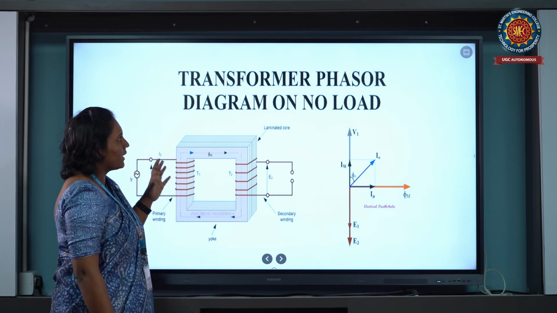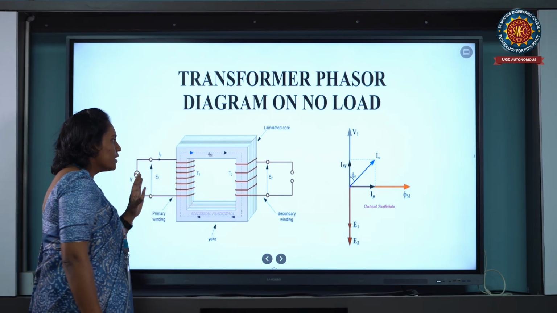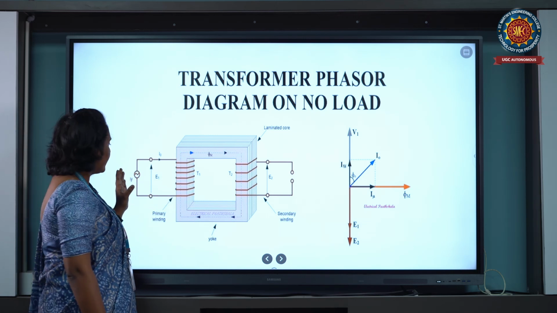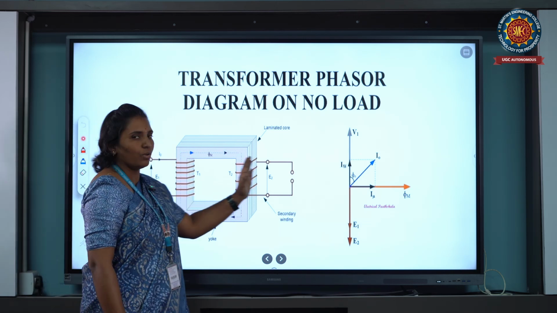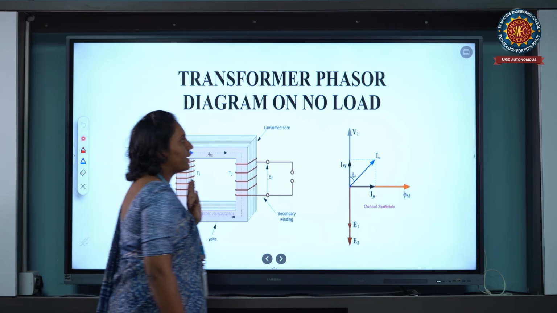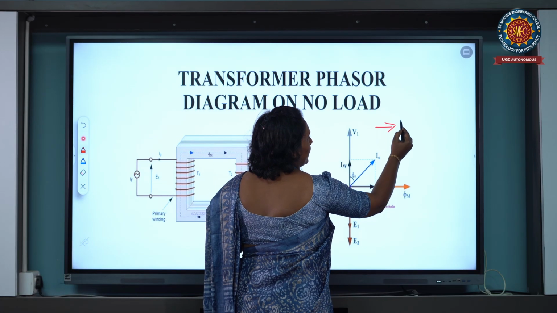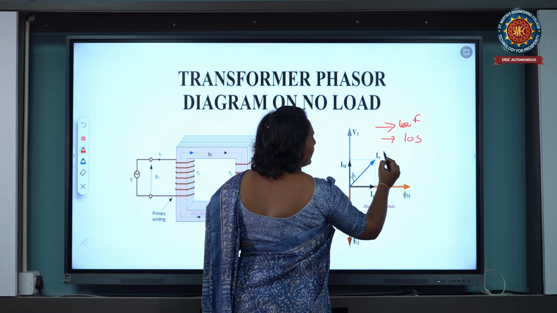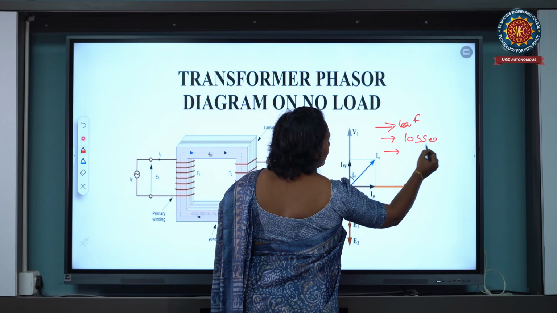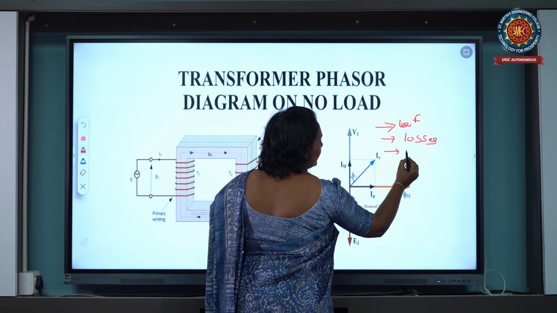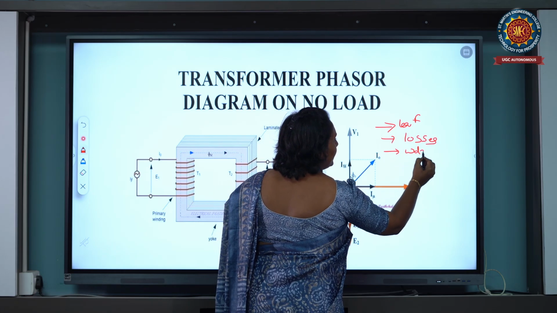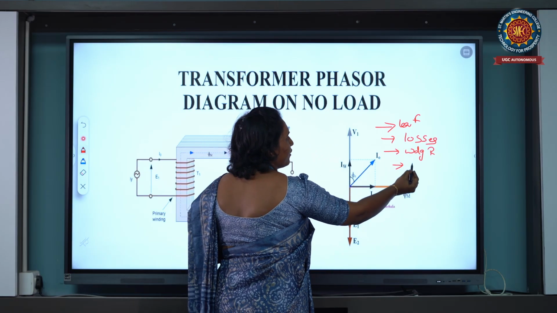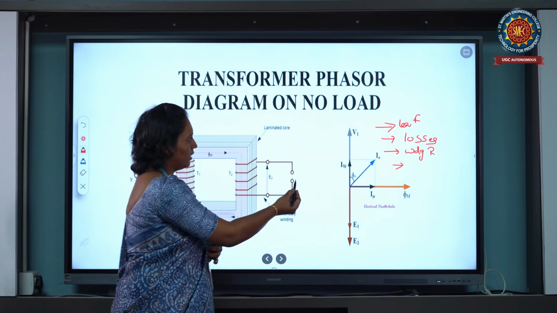In the practical transformer at no load condition, the primary side is connected to the voltage and the secondary side is at no load. In the practical transformer, we have the leakage flux, the losses and the winding resistance. So in the practical transformer, efficiency is very low.